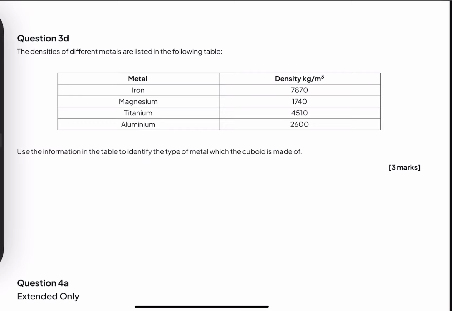Question 3D. The densities of different metals are listed in the table. Use the information in the table to identify the type of metal the cuboid is made of. You have to compare it with the previous data. First you have to find the density, because in the previous data we have found the mass and the volume. Density is equal to mass divided by volume.